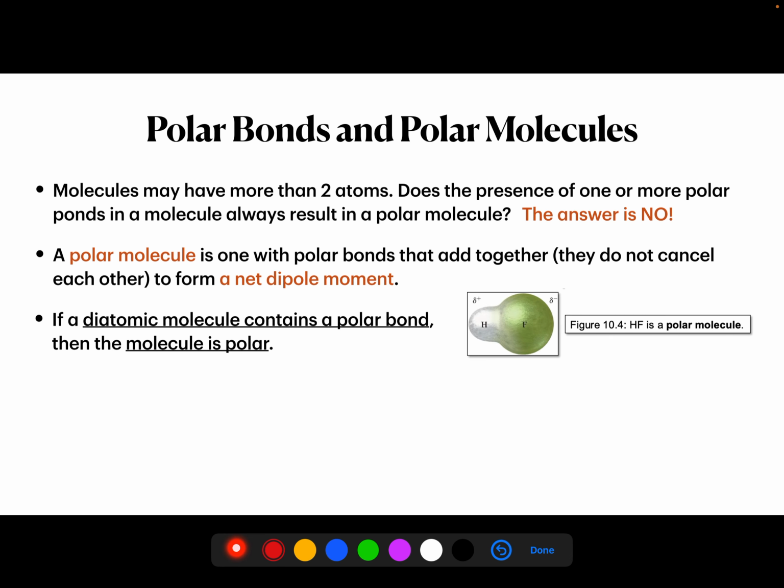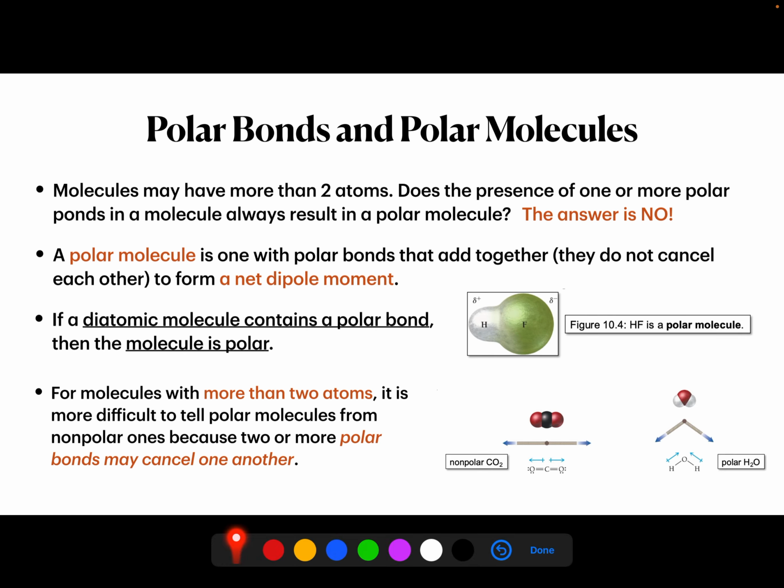Again, if it just has two atoms in it, like the fluorine and the hydrogen here, then we know there is a dipole moment where the electrons are being pulled more towards the fluorine. They're spending more time towards the electronegative fluorine. Because there's just two atoms in there, this is a polar molecule. There's a charge imbalance within the molecule itself.